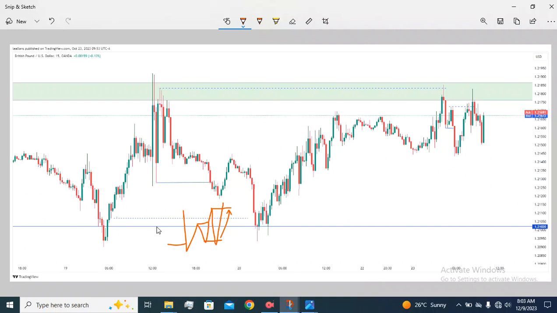No, this was a sweep of liquidity right here from a higher time frame perspective. Remember, we are on the 15 minutes time frame. So with a sweep of liquidity, after the sweep of liquidity, we keep an eye on the charts.